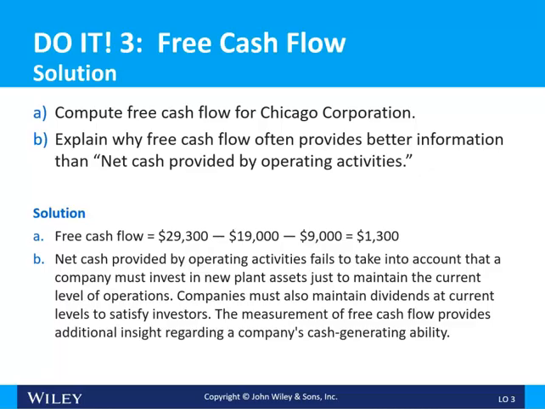So if we take cash from operating activities, subtract our investment back in the business through property, plant, and equipment, and paying our shareholders through dividends, that gives us a better idea of our true cash and what the cash generating ability of the company is. So that's why free cash flow is used.